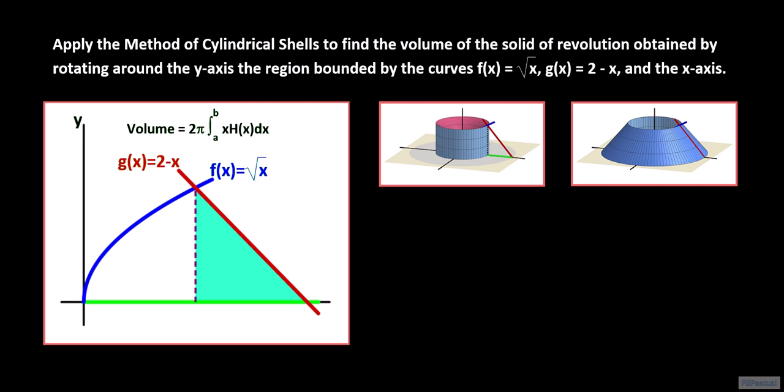We call the volume generated by the region bounded above by f of x equals the square root of x, volume sub f. When we insert an approximating rectangle for the region used for generating a solid of revolution, the factor x in the basic volume integral represents a distance of the rectangle to the axis of rotation, which is the y-axis.